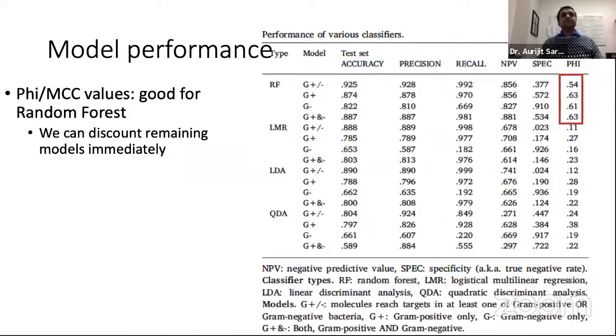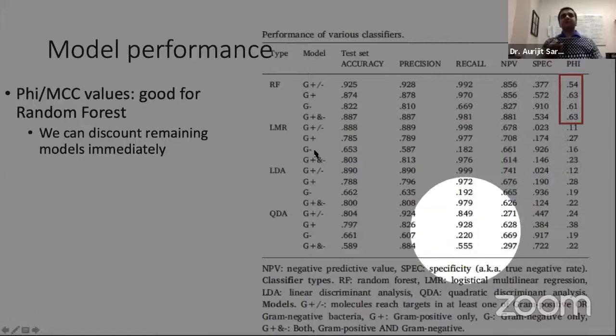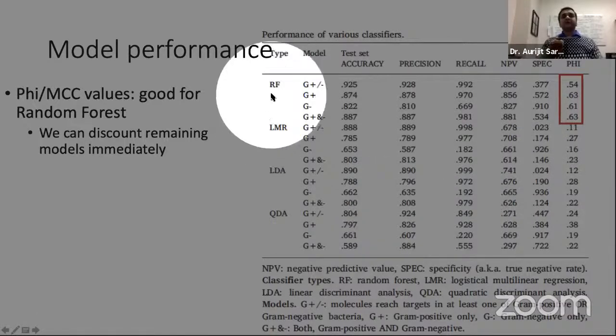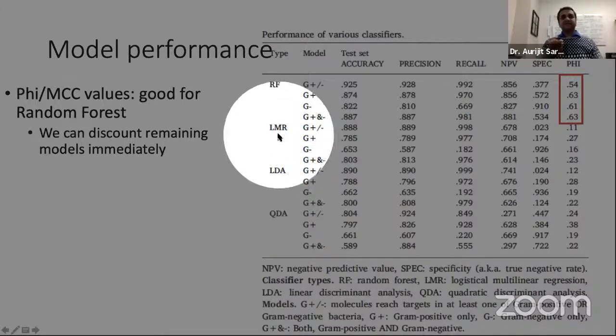So I'm just going to jump directly ahead into the results of these different models. This is the full data that we obtained for all of the different models. So this tells you the model type. So that's random forest, and these are the 3 different linear or quadratic classifiers.